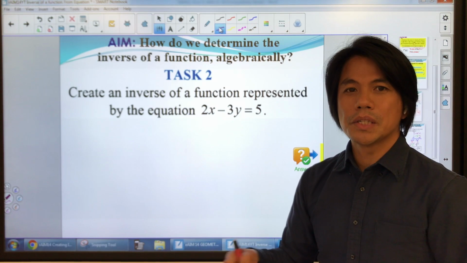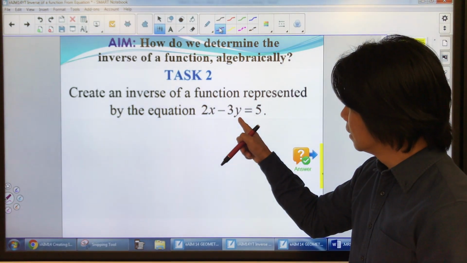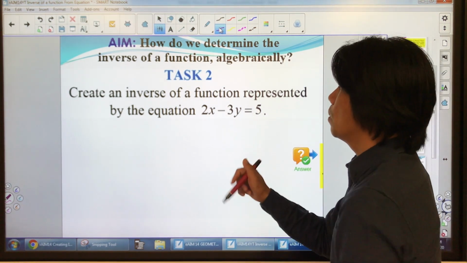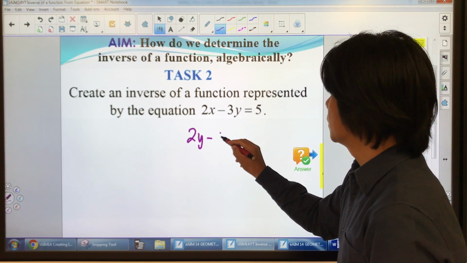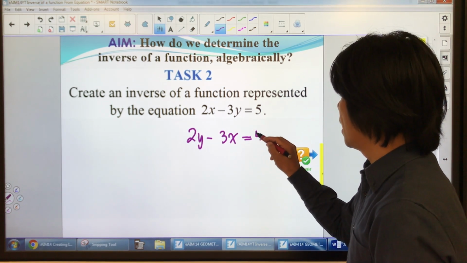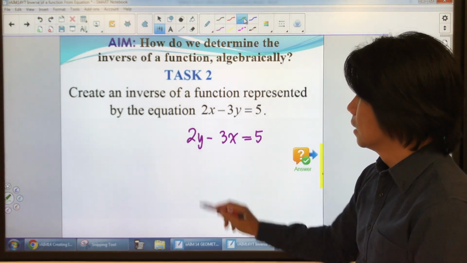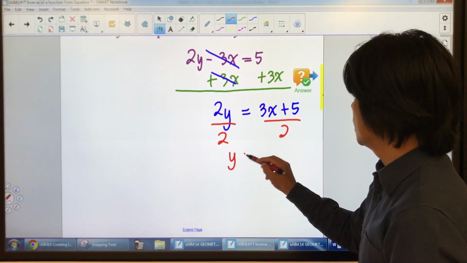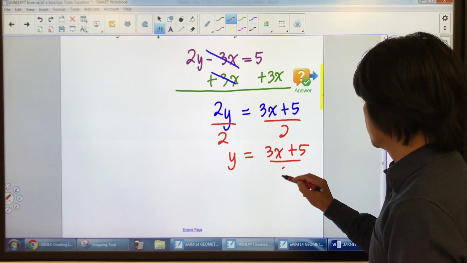How? You just simply skip step 1 because y is already there, right? So step 2 is you switch the x and the y. So this becomes 2y minus 3x equals 5. Yeah? And then isolate y. y is equal to 3x plus 5 over 2.